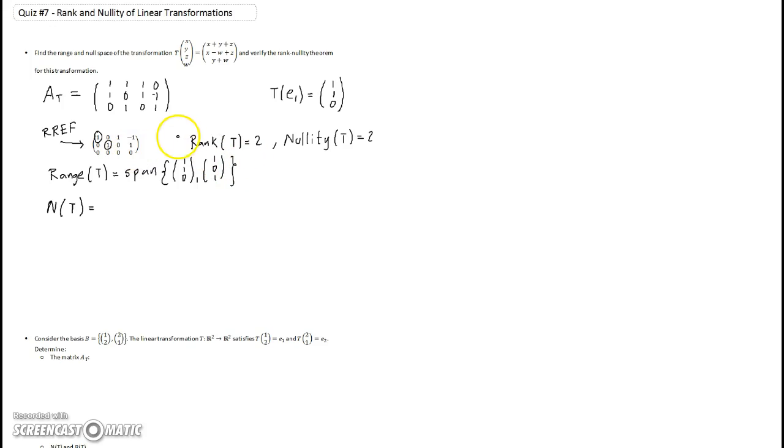So we're going to have 2 free variables. We're going to write this system right here, let me do it on an aside, as x1 plus x3 minus x4 equals 0. And then we're going to have x2 plus x4 equals 0.